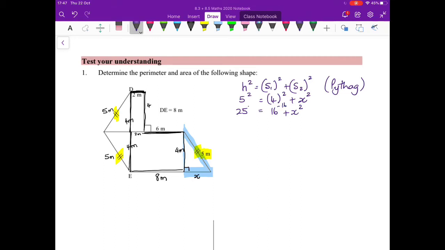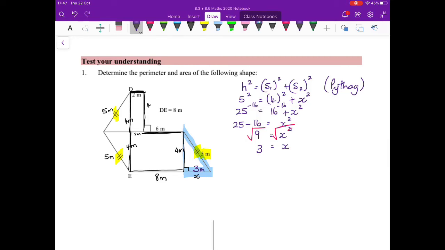I'm going to subtract 16 from each side. So 25 minus 16 is 9 equals x squared. To get rid of the square, I have to square root both sides. And now x equals 3. So this section here is 3 meters.